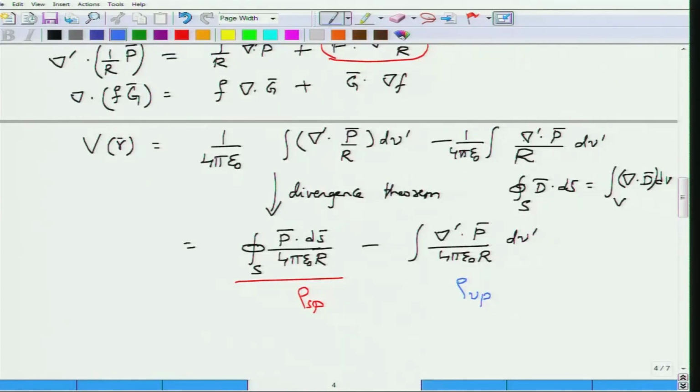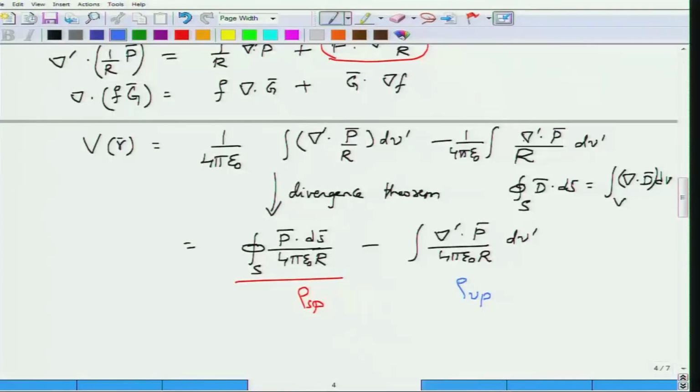Of course, it is possible to incorporate the surface charge into volume charge. You can always define a volume as a vanishingly small height with a finite area and include surface charge into the volume charge distribution itself, in which case you will have only one equivalent volume charge. We can do that, and that is what is normally done.